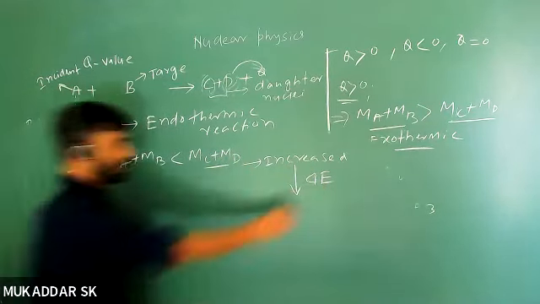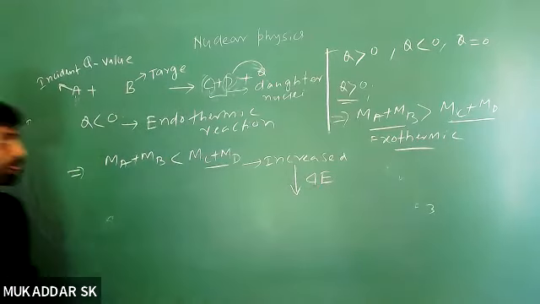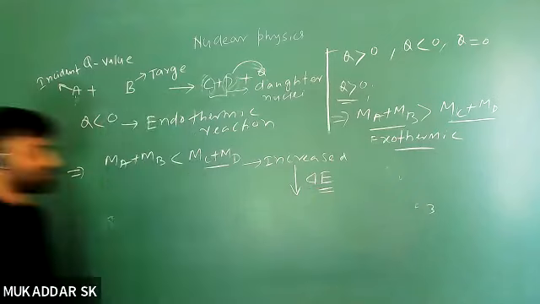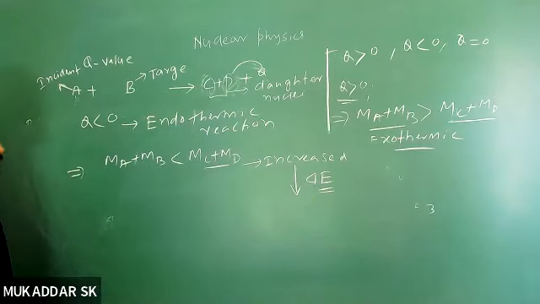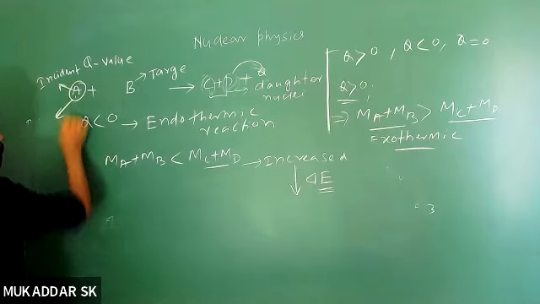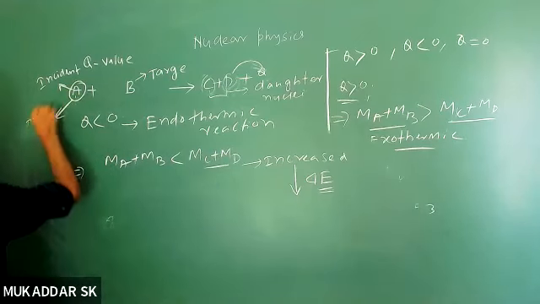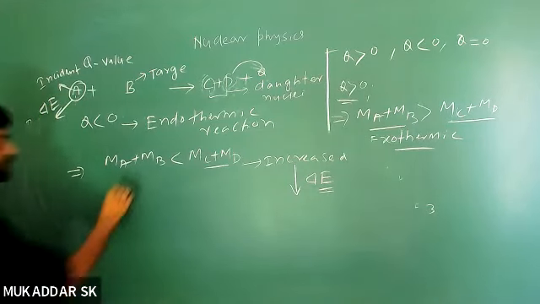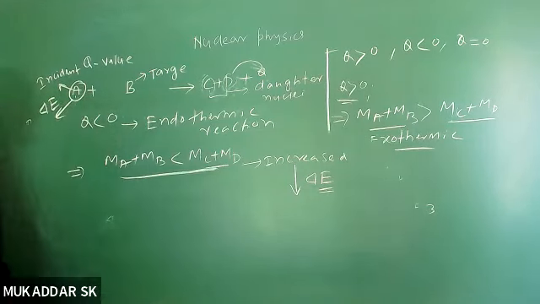So that external energy will be what? Your delta E energy you are giving from an external source. The external source will be the kinetic energy of the incident particles. So you have to give at least delta E amount of energy so that this reaction can take place. Is it clear what I'm saying? Yes, sir.